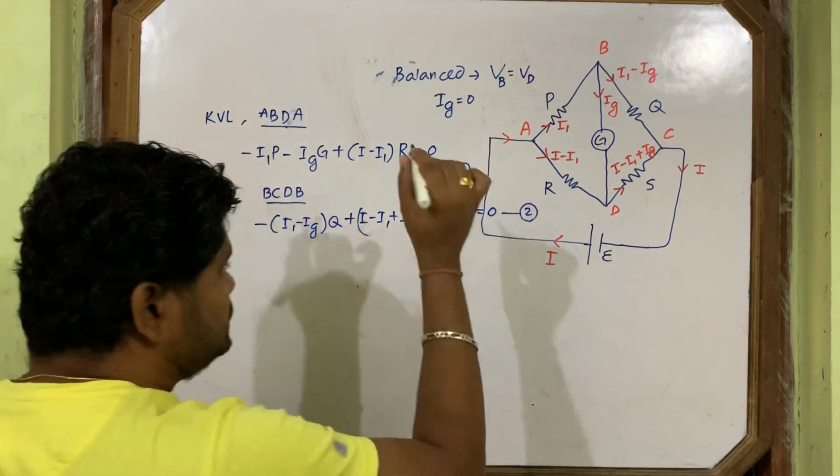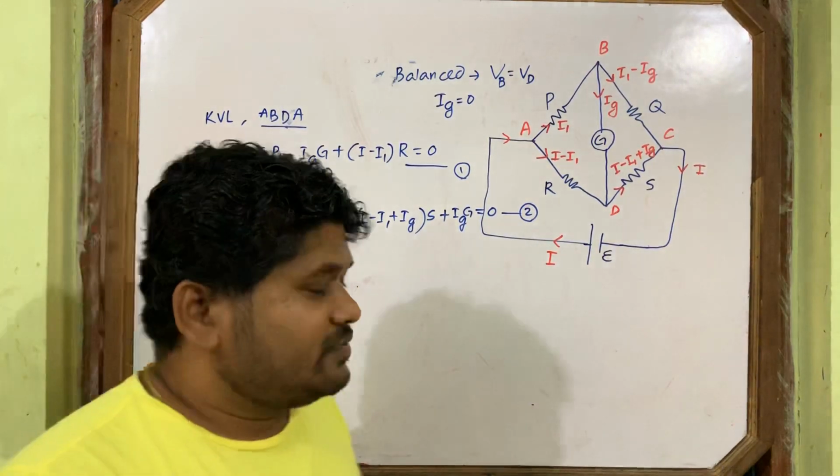So equation number 2. So these are the two equations we get by applying KVL.